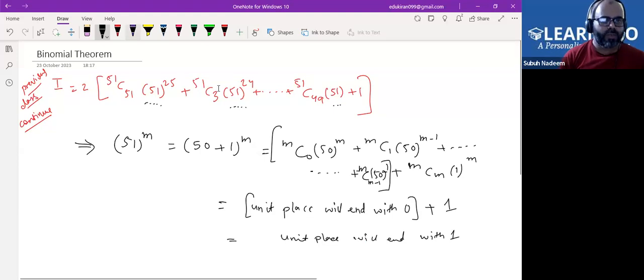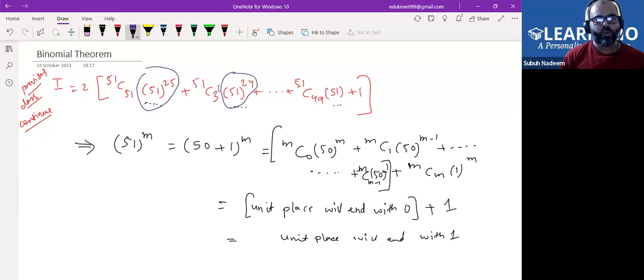So what we observe here is that whatever is the power of 51, this is 25, this is 24, and it keeps on going to 51 to the power 1. They are all of the form 51 to the power n. So all of them will end with 1 at the unit place.